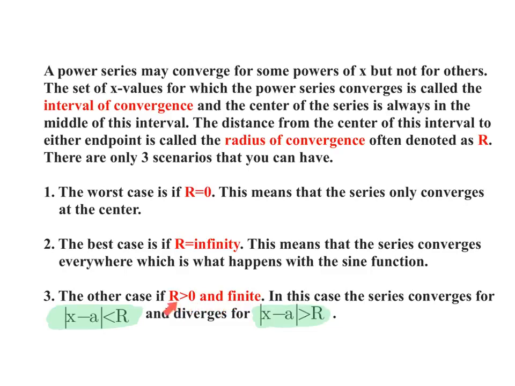For example, r might be 5 or 6 or 2. In this case, the series converges when the absolute value of x minus a is less than r, and it diverges when the absolute value of x minus a is greater than your radius of convergence.